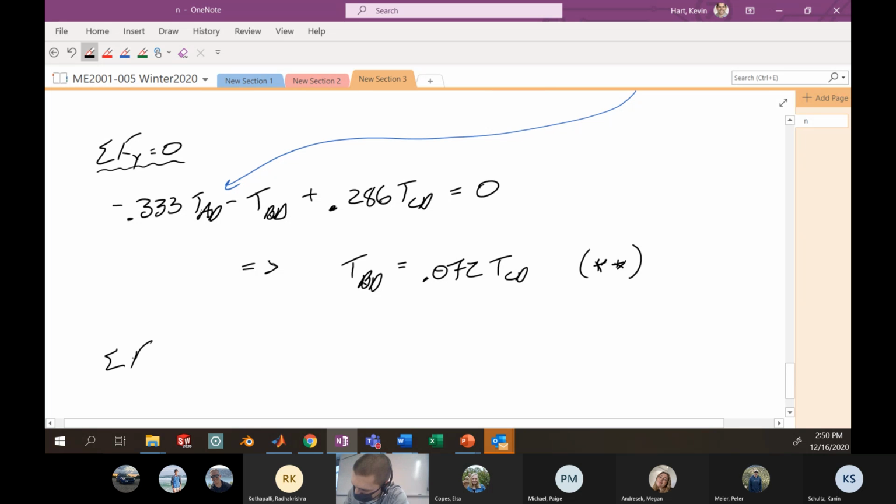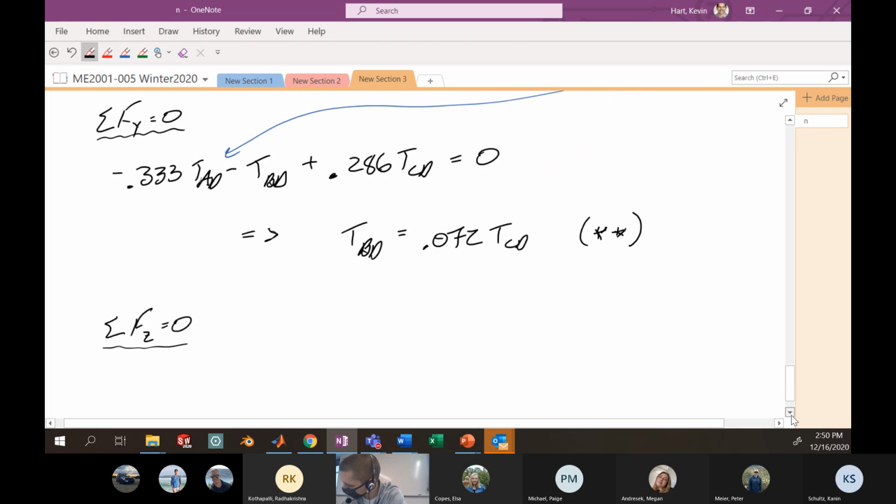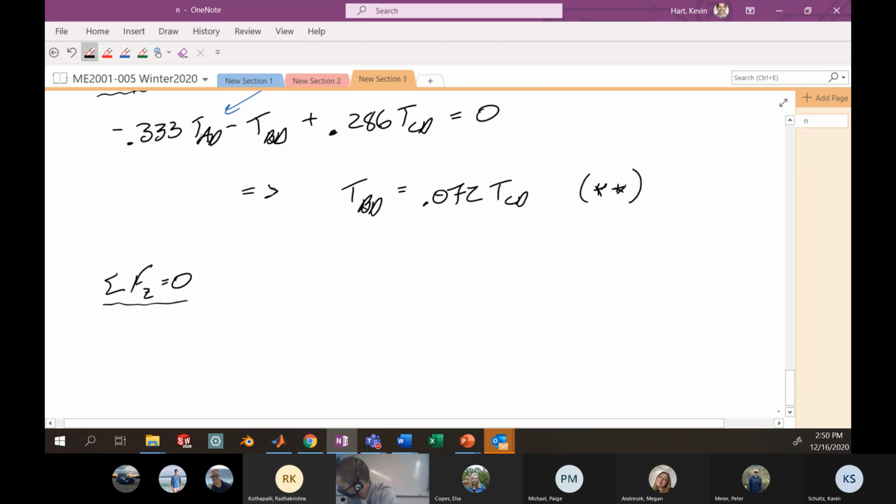And then lastly, my final equation, sum of the forces in Z equals 0. Plucking those individual components from the sum of the forces equation above: 0.667 TAD plus 0.857 TCD minus the weight of my bucket, 20 pounds, all equal to 0.